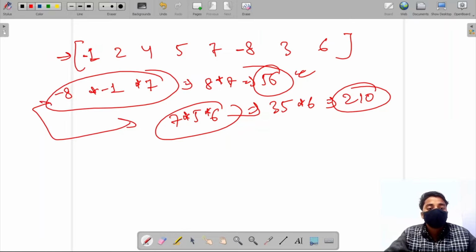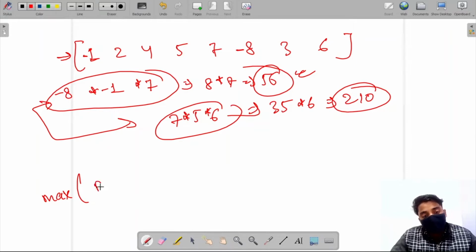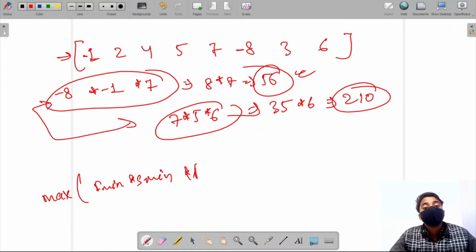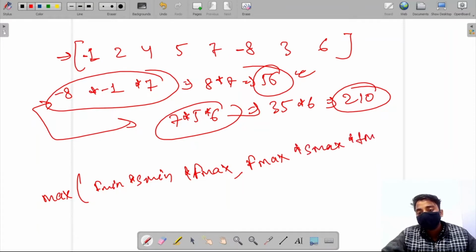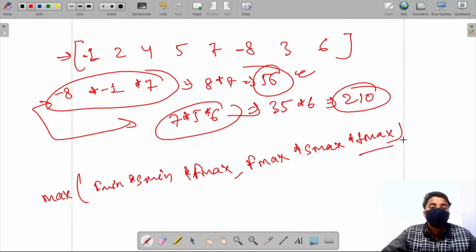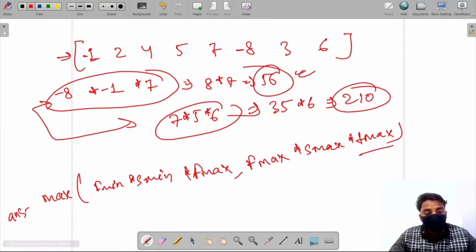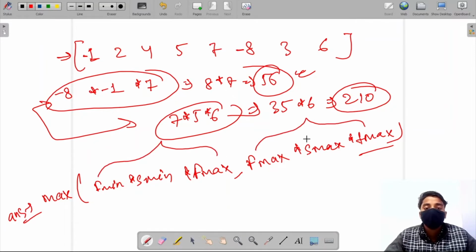These two things are: the first min into second min into the first max value, or else the first max into second max into third max. So our answer will be the maximum of these two values, value 1 and value 2.